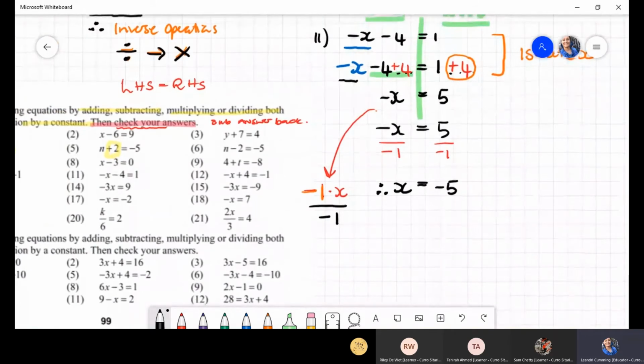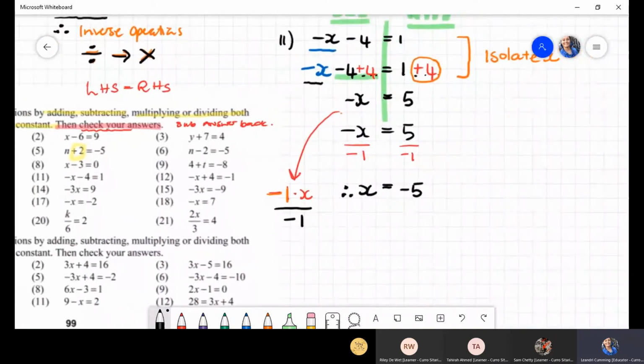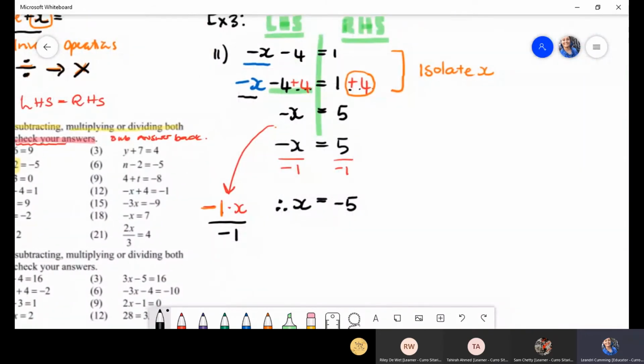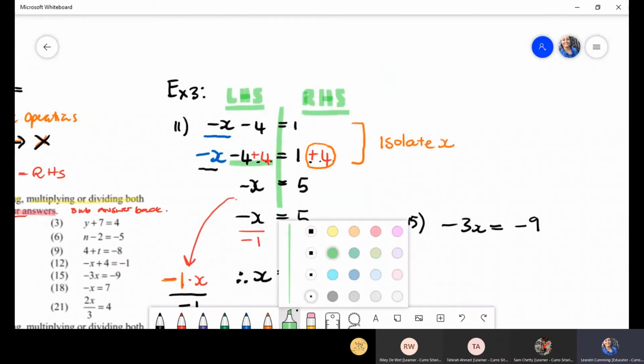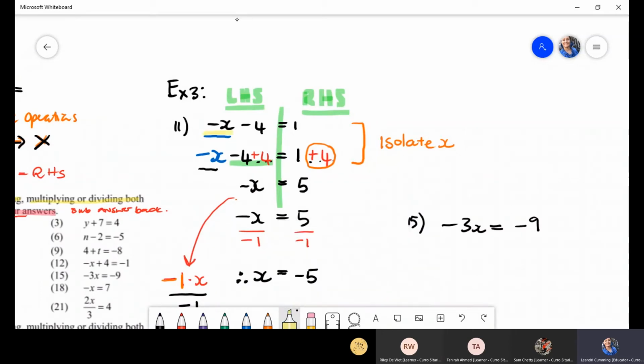Let's quickly look at number 15. Okay, number 15 is given as -3x is equal to -9. Okay, now I don't see any pluses and minuses. What did I see here? In this example, I had a plus and a minus. I had a -4.